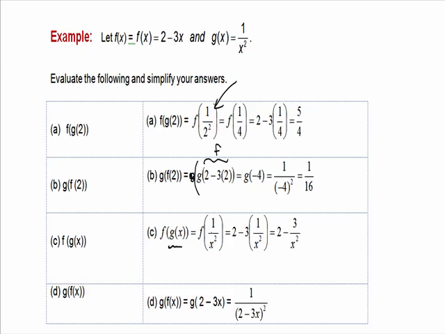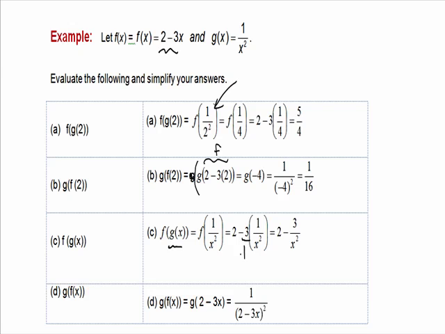Well, how do I do f? Well, f says take 2 and subtract 3 times the input. So I'll take 2, subtract 3 times the input. 2 minus 3 multiplied by 1 over x squared. So the 3 is multiplied by 1 over x squared. And if I just neaten that up, thinking of 3, of course, as 3 over 1, I get 2 minus 3 over x squared.